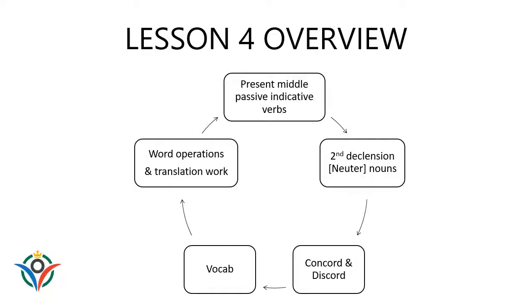Thereafter we'll look at something called concord and discord. After that we will learn our new vocabulary for this lesson, and then practicing our vocab and the various principles that we've learned in this lesson, we'll do some translation work together. So once again, we've got a lot to cover and not enough time, so let's get going.